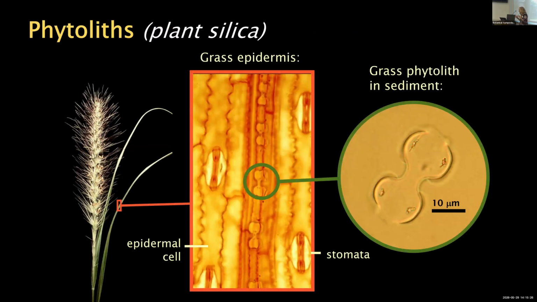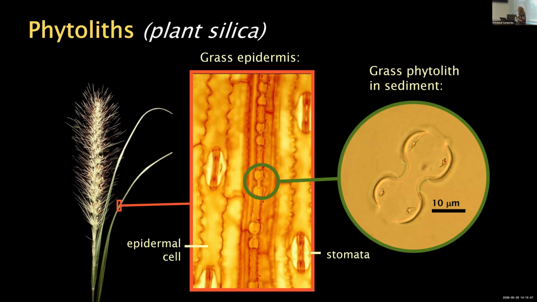But in the last 25 years or so, people have started using an alternative line of paleobotanical evidence in the form of phytoliths. Phytoliths are microscopic silica bodies that form when plants take up monosilicic acid through their roots with the water and then deposit it in and around their cells in the living tissue.